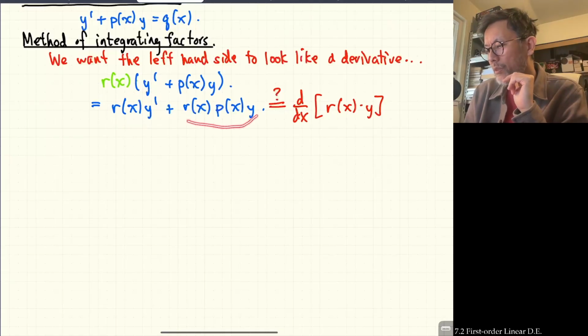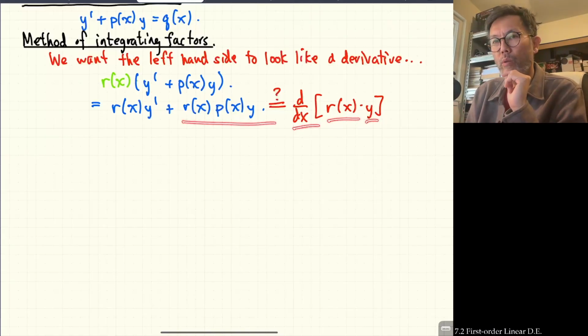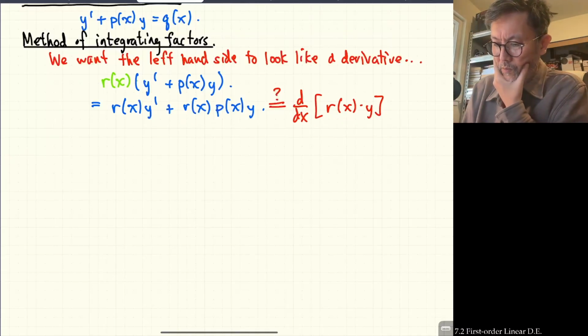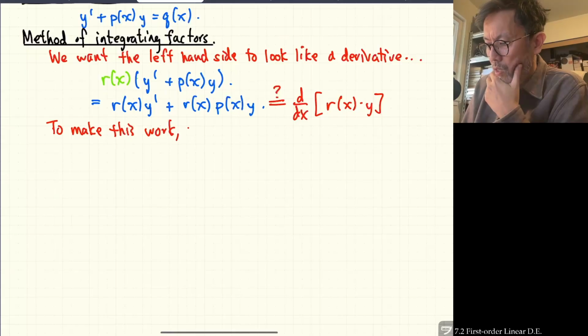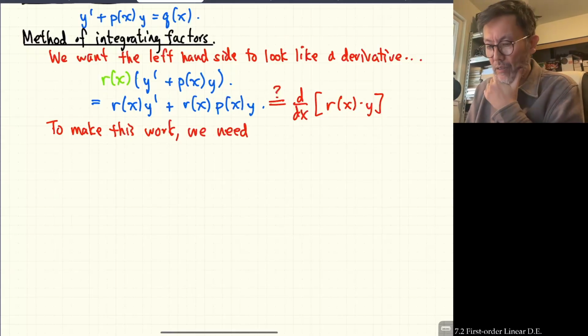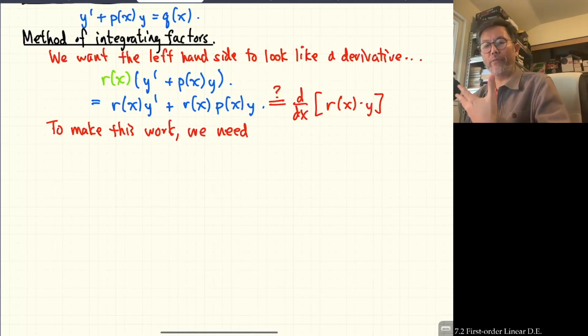But of course, this term is a little bit weird, right? How could we have the derivative of r(x) times y be equal to something that looks like this? Well, to make this work, we need this r(x) p(x) thing, this guy right here, to in fact be r prime of x.